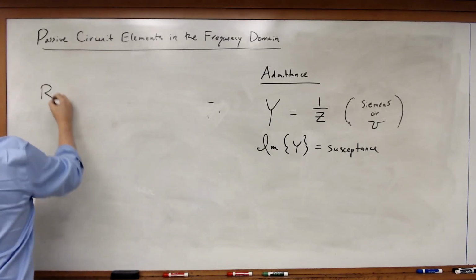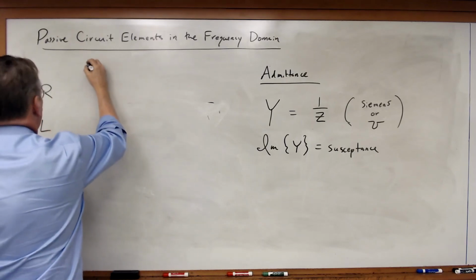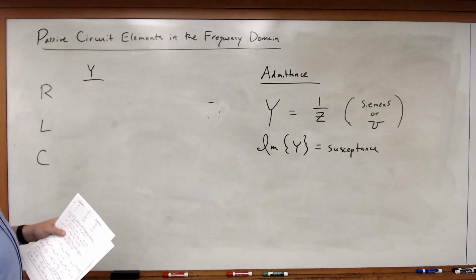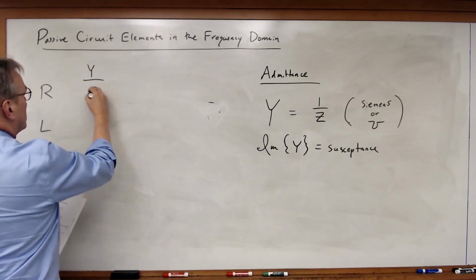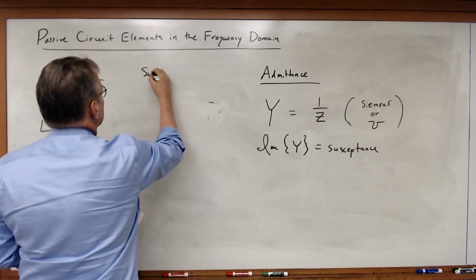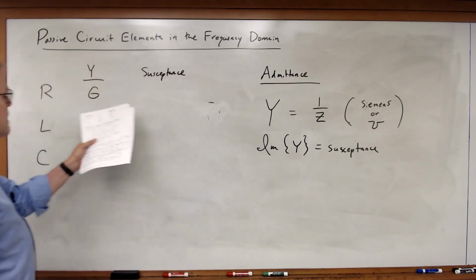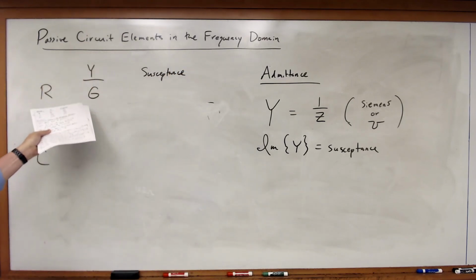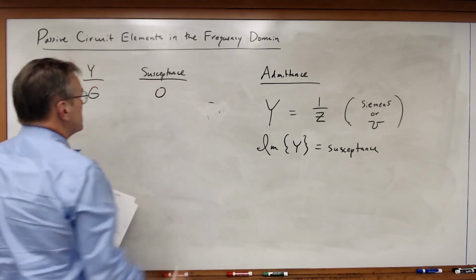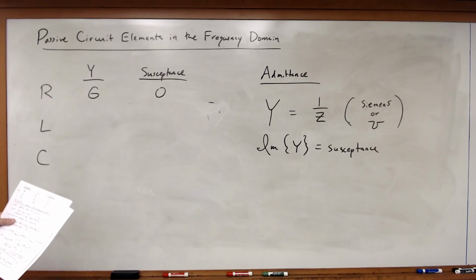Once again, let's list my elements, R, L, and C. What's the admittance of a resistor? G, the conductance. What's the susceptance? What is the imaginary portion of that? 0, because conductance is a real number.